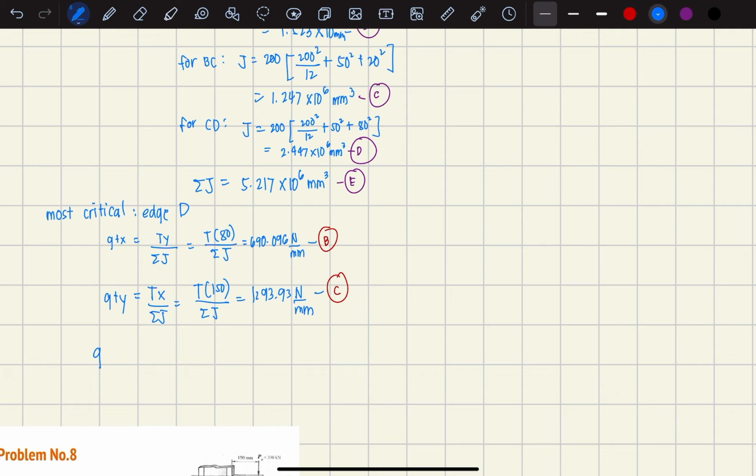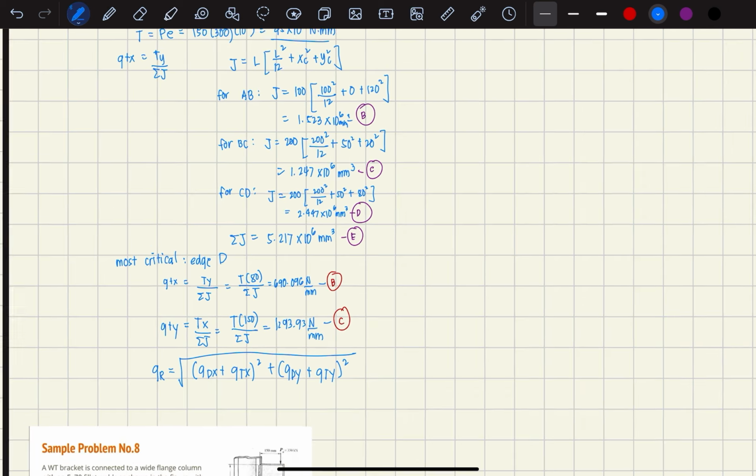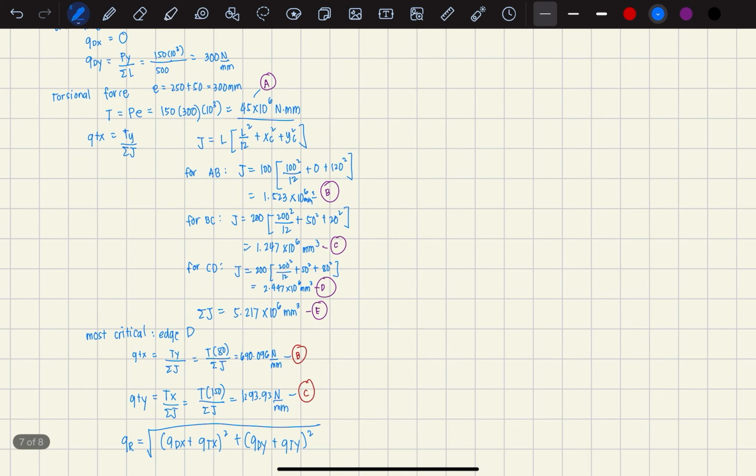So Q is equal yung resultant: QDX plus QTX squared plus QDY plus QTY squared. So, yung QDX natin is equal to 0. So, wala na to.